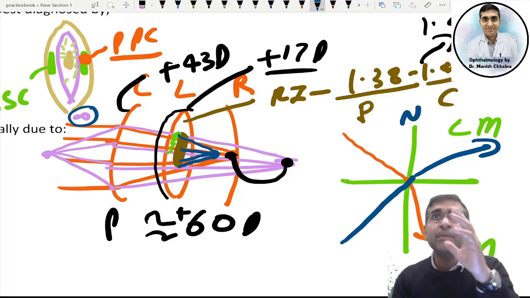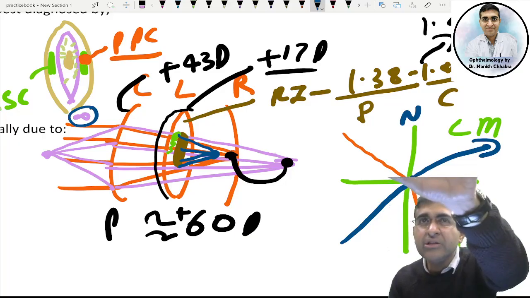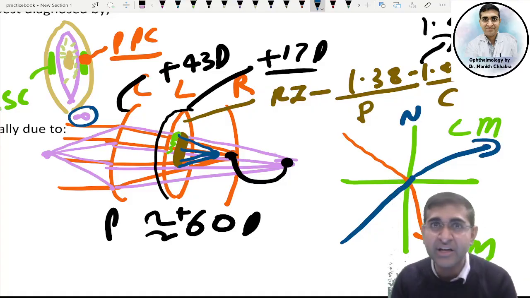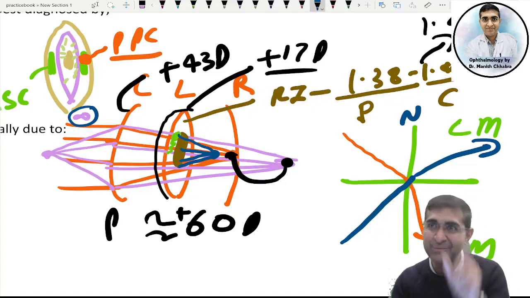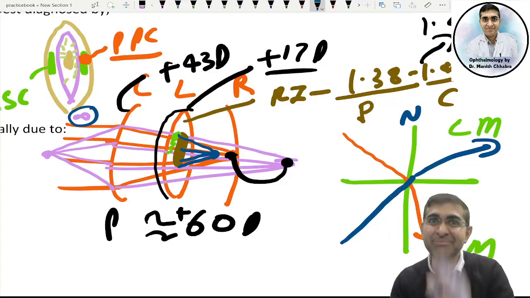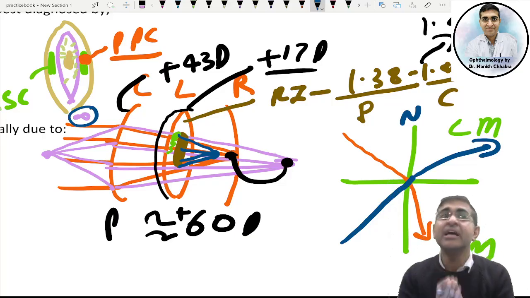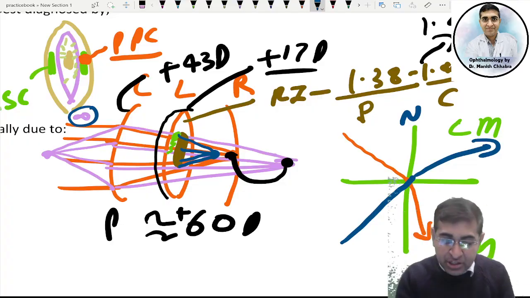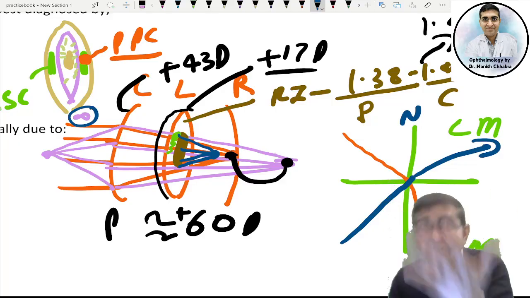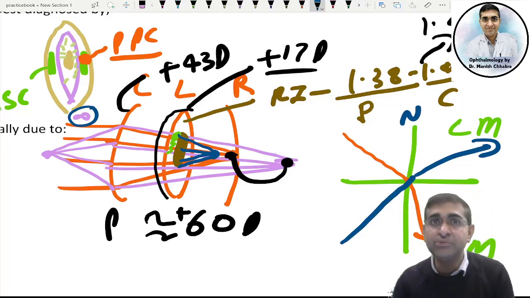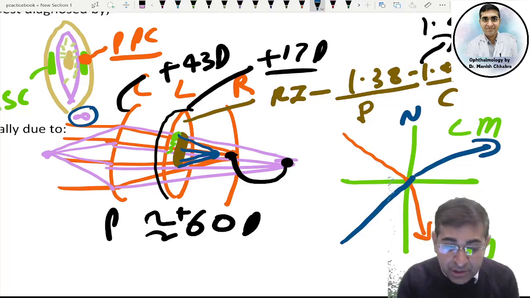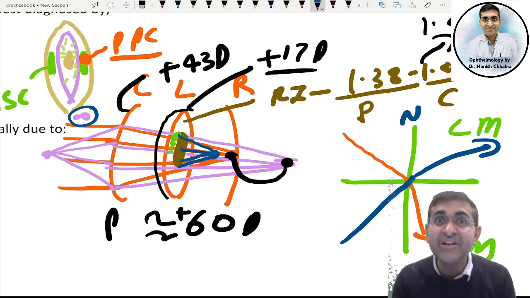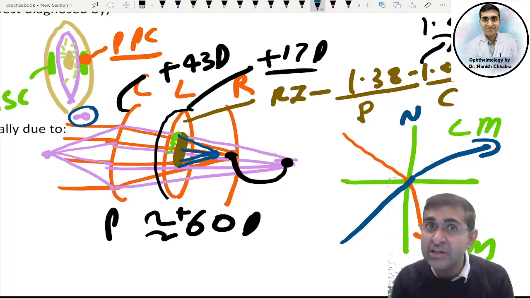Of course, the patient will not be able to see distant objects clearly, but one fine day, I always tell you one scenario. I am not going to say it here, that is only meant for the classes. What happens is the distant objects are not seen clearly, but when the patient tries to see a near object, the patient is able to see near objects clearly without the use of near glasses.